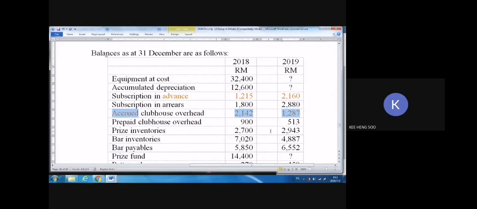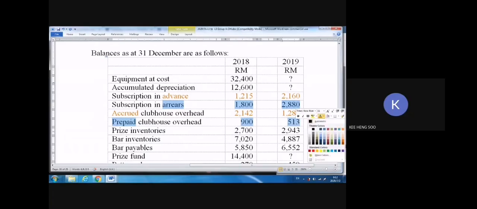This one also liability. Of course, prepaid is an asset. And arrears will be an asset. Prepaid also asset. It means the opening and closing balance brought down, this one will be on the debit side.